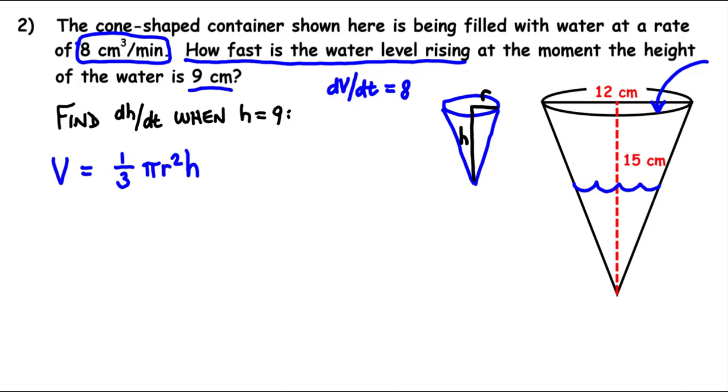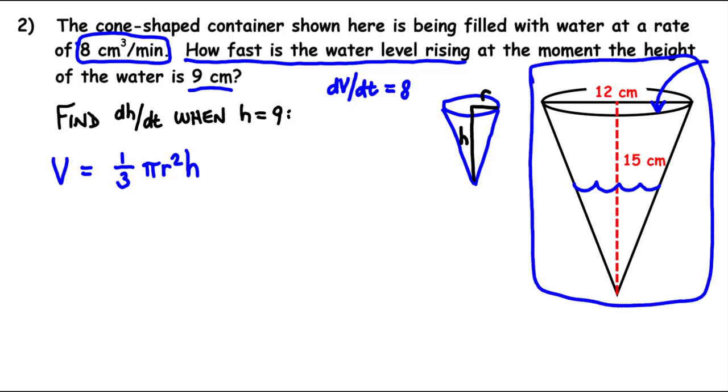All right. Eliminate a variable if possible. For the very first time, it is possible. And the way I know that is through geometry once again. I have the full-size cone with a radius of 6 and a height of 15. And then I have a not-so-full cone with a radius of r, see right here, and a height of h right here.